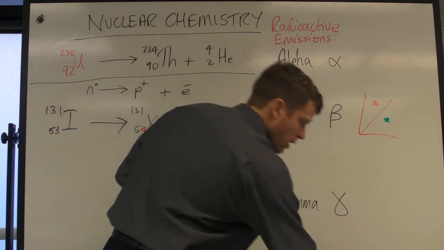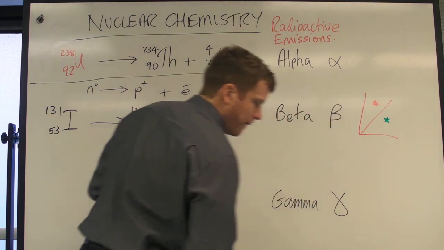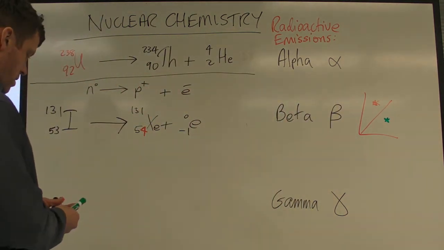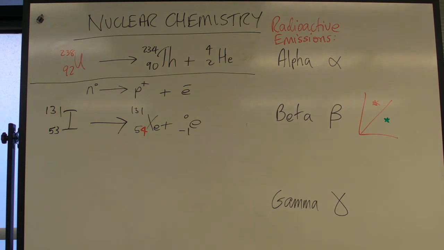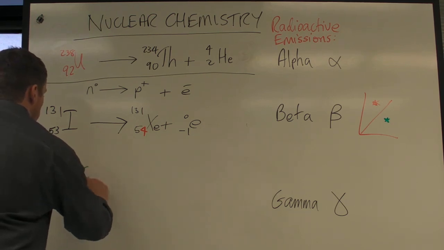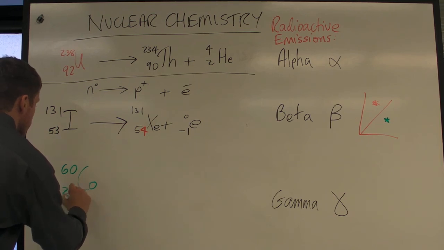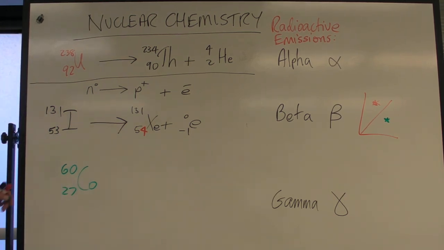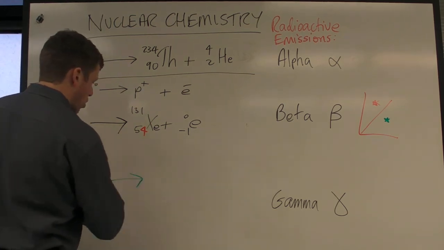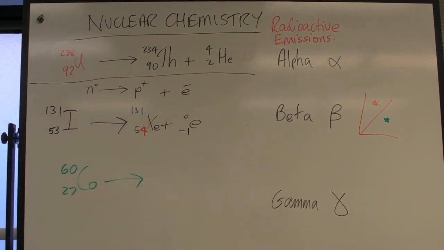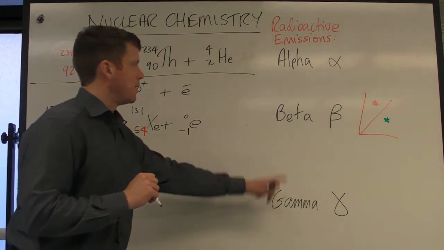So the example of gamma. We're going to look at cobalt, which has this. So this is an isotope of radioactive cobalt. It undergoes two different types of decay, one of them is gamma, one of them is beta.